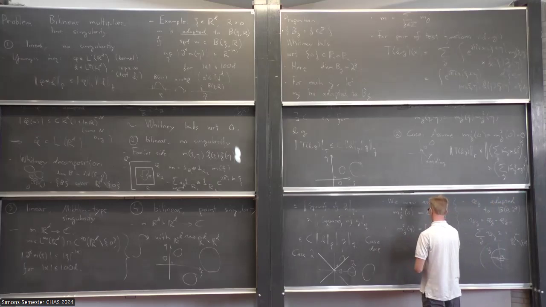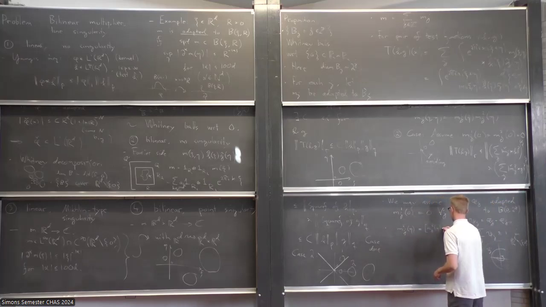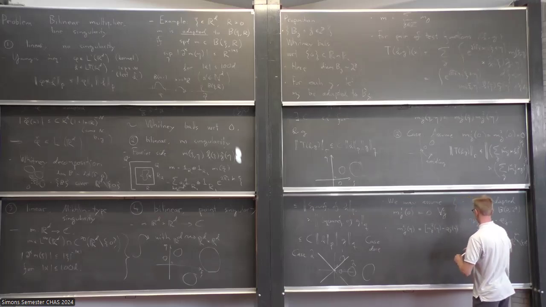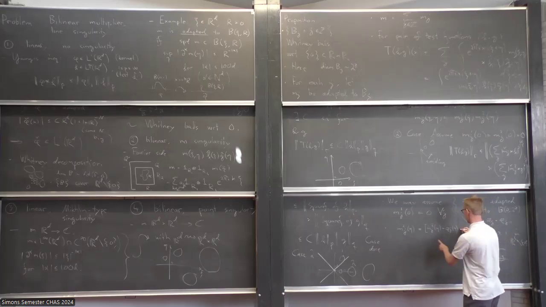We take the thing, and then we just subtract the value at the origin. Okay, now the blackboard is really bad. Plus.